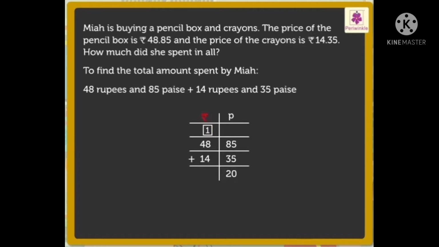Next, add the rupees. Therefore, 48 plus 14 plus the carried over 1 is equal to 63 rupees. So, now we got the answer in rupees and paise. Mia bought a pencil box and crayons for 63 rupees 20 paise.